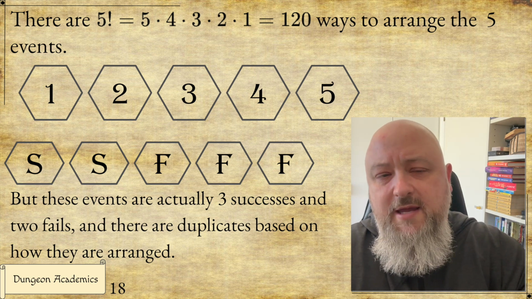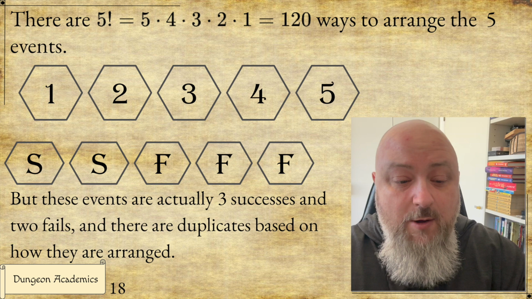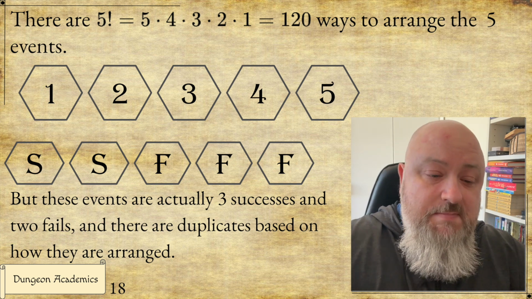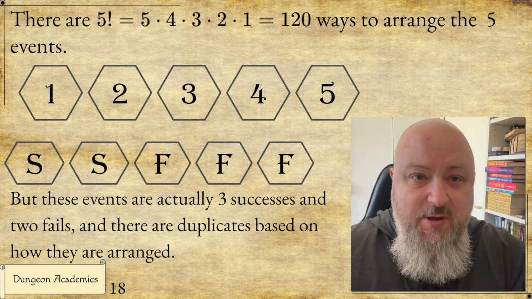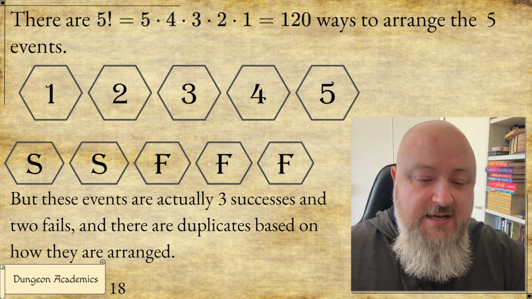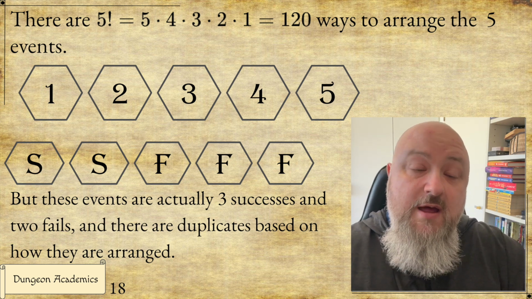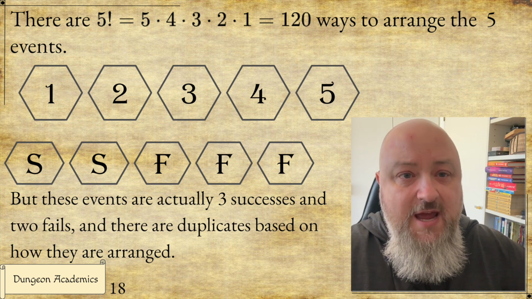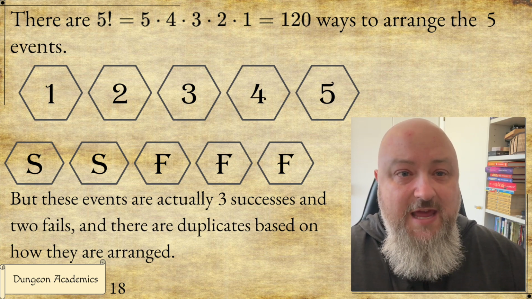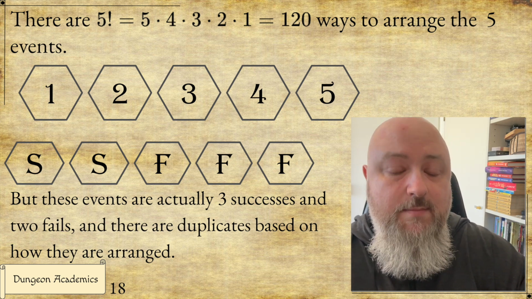Now, why does this work? Remember, we're thinking about ways of arranging different events. Now, if we have 5 events, how many different ways are there of organising these 5 outcomes?